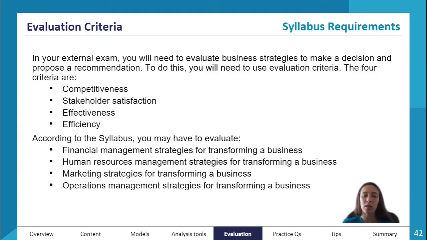I would imagine it's suffered a little bit as a result because lots of people have left Twitter. And then operations management strategies as well. That's pretty directly related to human resources, because the way that the business operates is directly tied to the way that the people are managed.